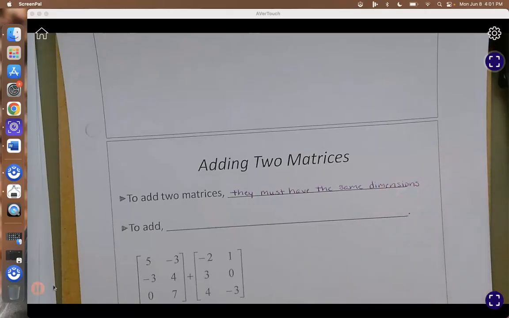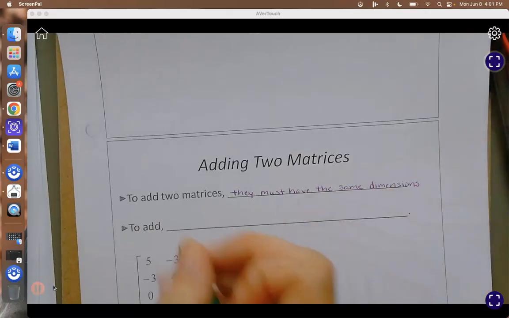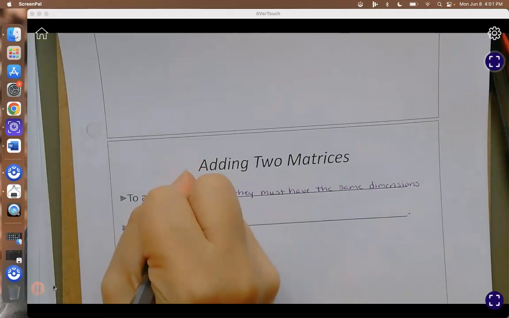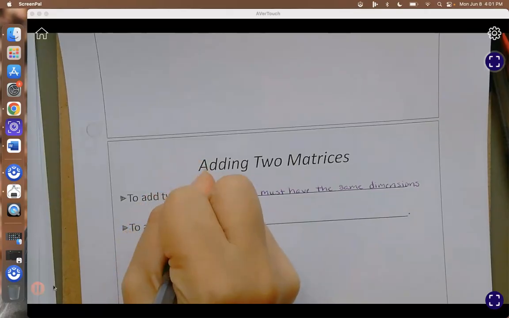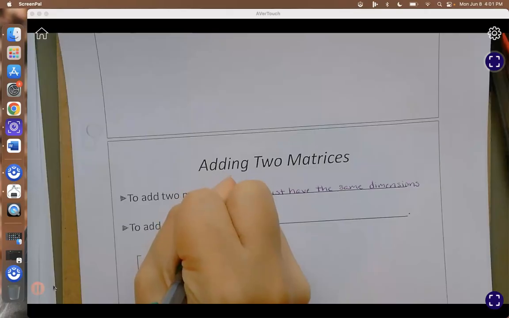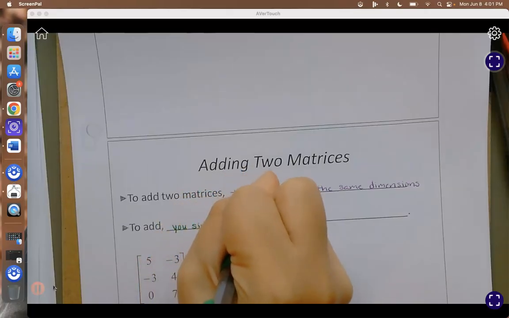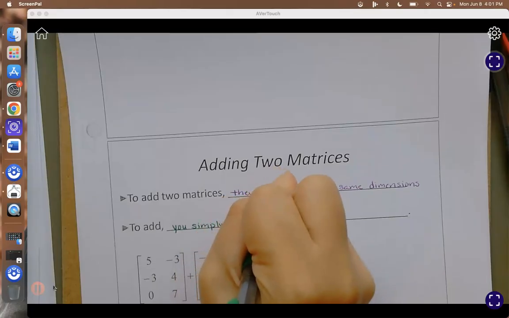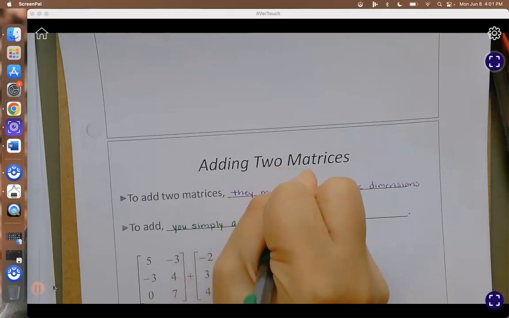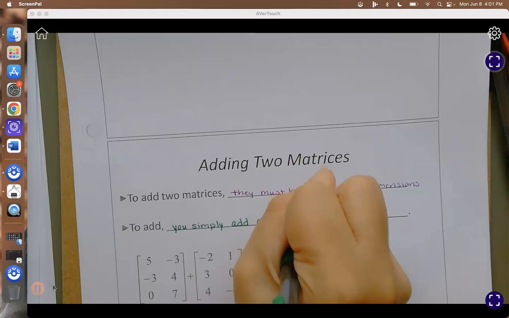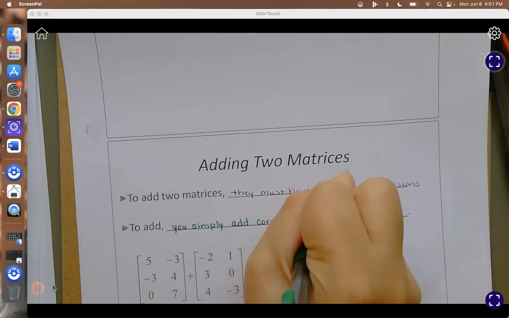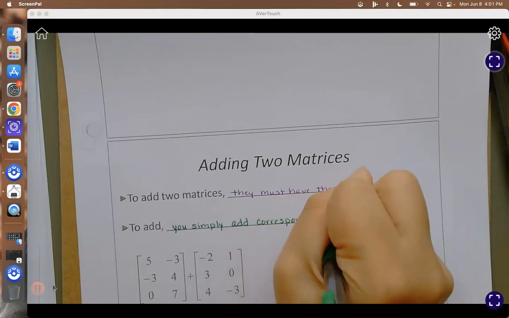And to add two matrices, once you make sure they have the same dimensions, you simply add corresponding elements.